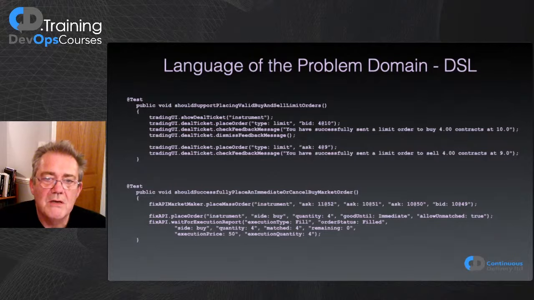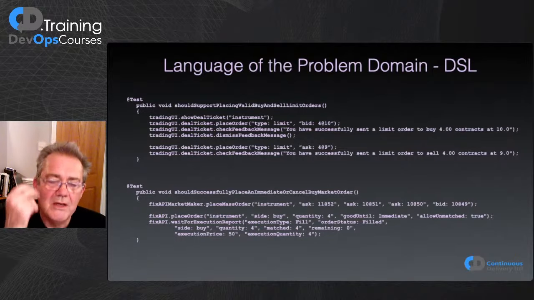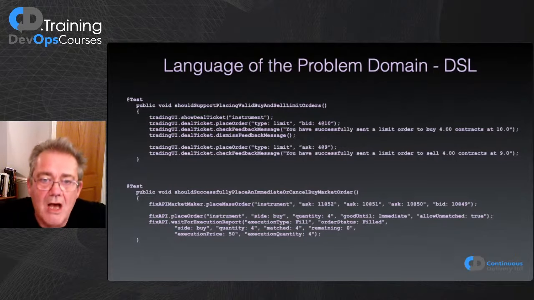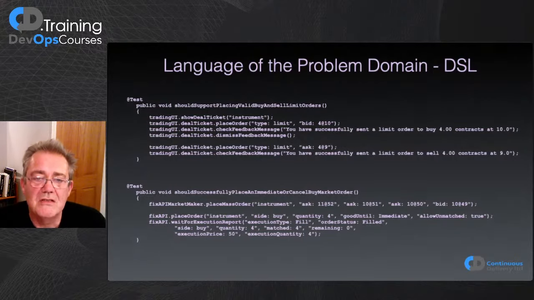And so if we put some of the work onto them, we can get away with this kind of halfway house between something that is absolutely a computable language, a computable grammar, but is also in the language of the problem domain, and so allowed to express ideas only in terms of how the system works.